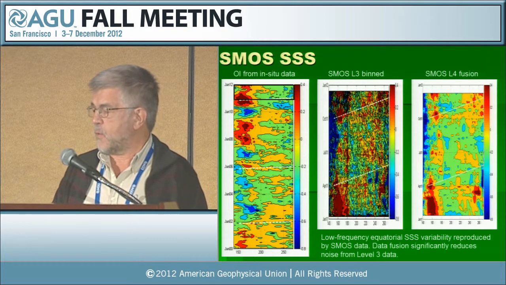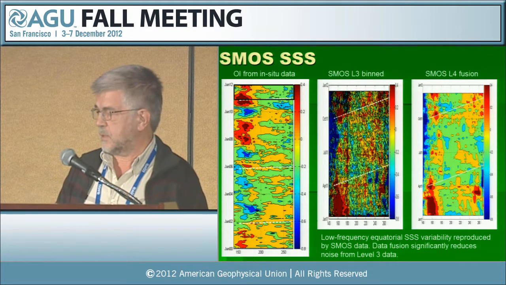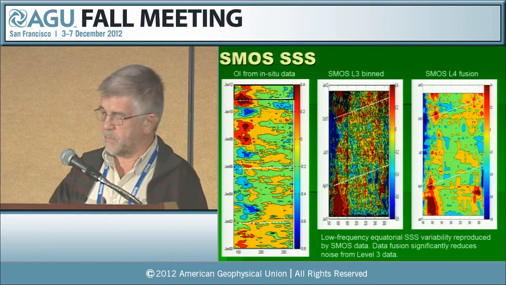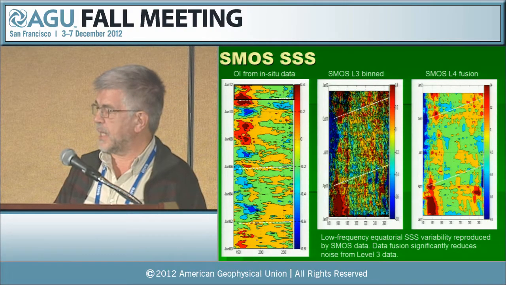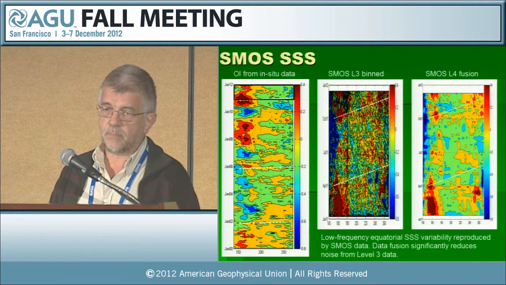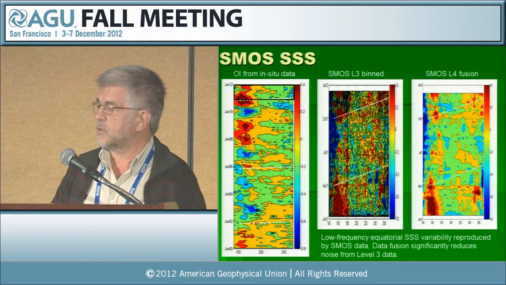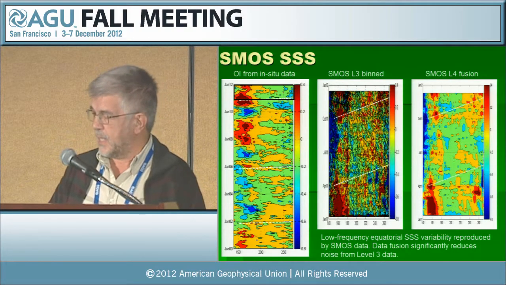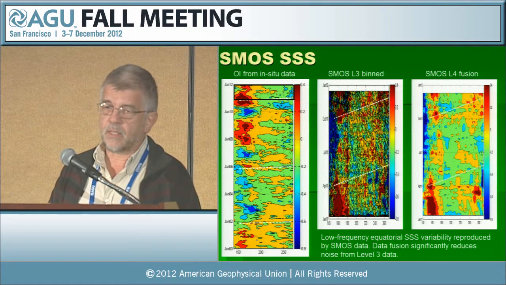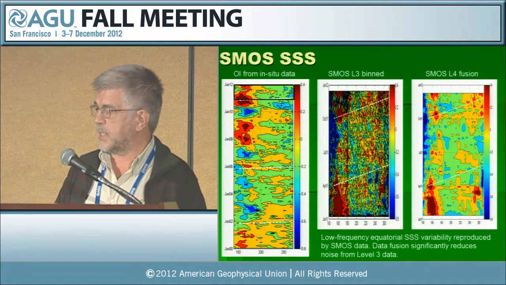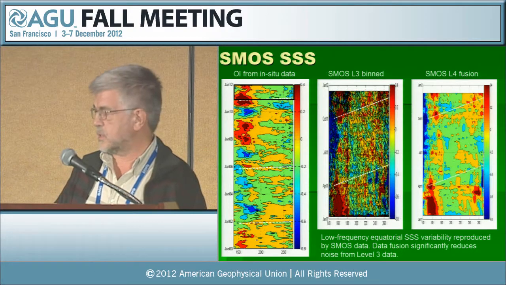If we look now at the temporal evolution, something similar to what I showed in a previous slide, here we have on the left, from in situ data, optimally interpolated, from 2000 to 2012. And at the top, we have marked the part that corresponds with the period of SMOS data.